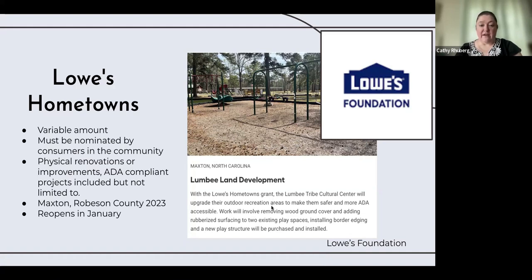So they, at the Lumbee Tribal Cultural Center, they're using the funds to upgrade their outdoor recreation area to make them safer, more accessible. And they will take the wood ground cover off, which if any of you have been around that, it's not very shock absorbent, has to be replaced pretty frequently, at least every year.